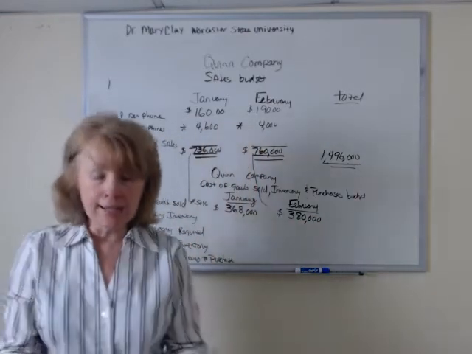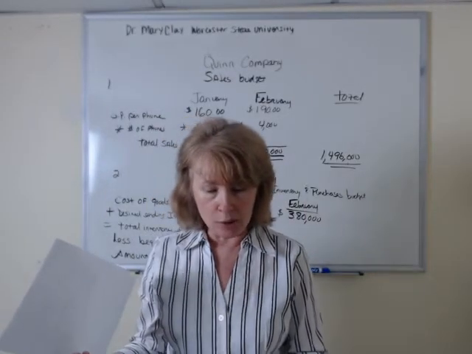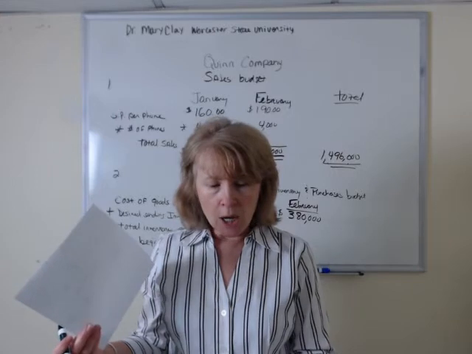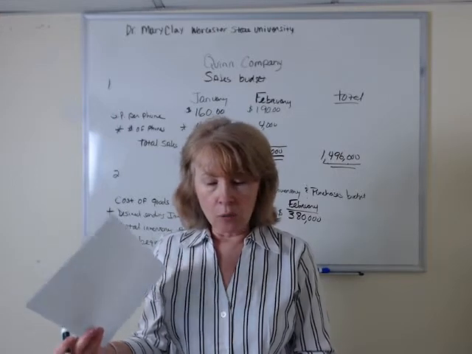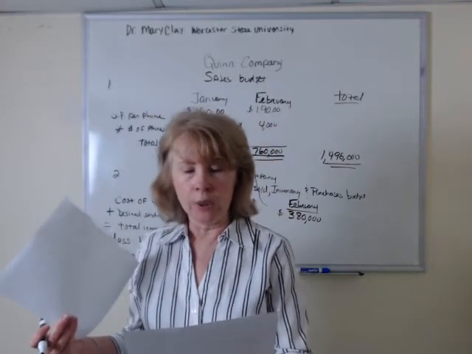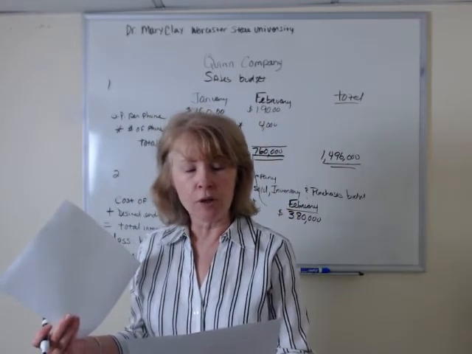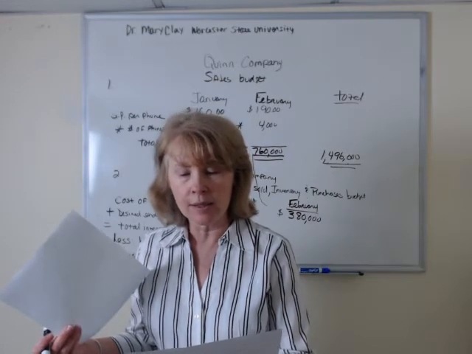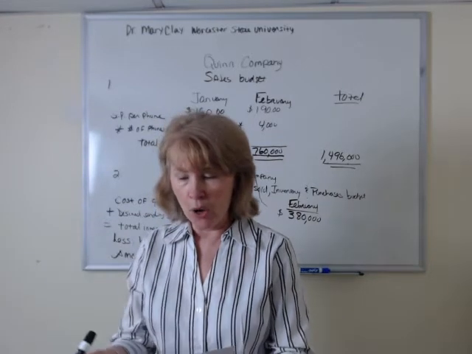All right, the desired ending inventory is going to make us work. Let me read what it says. Quinn's target ending inventory is $15,000 plus 60% of the next month's cost of goods sold.